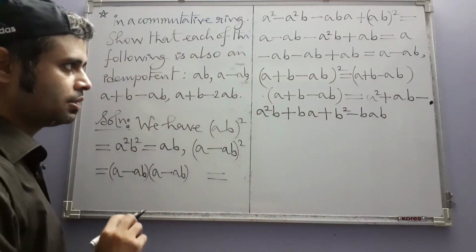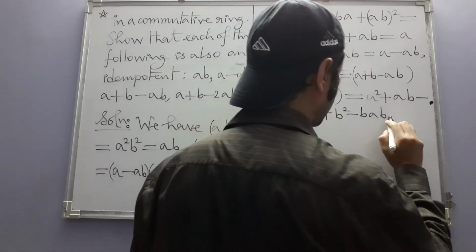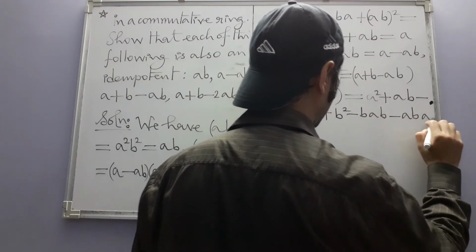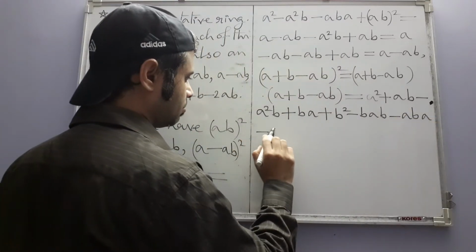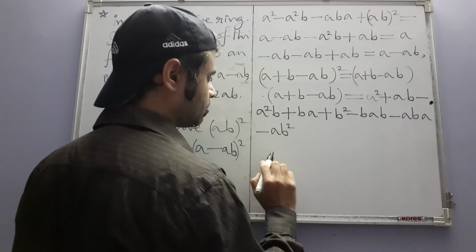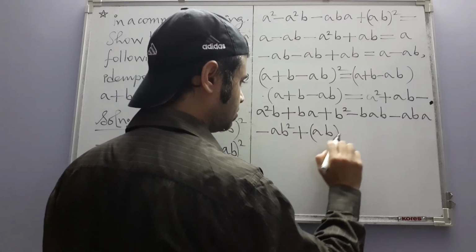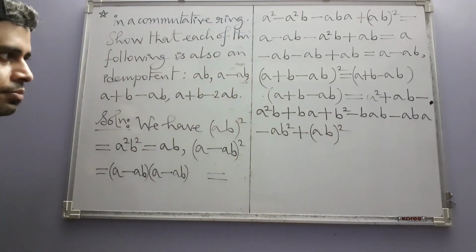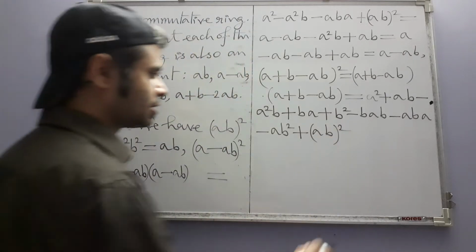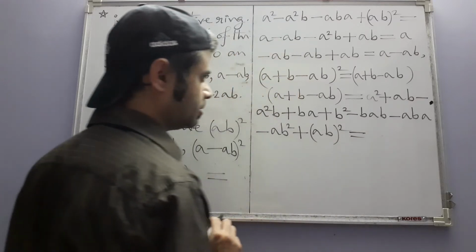Then we do that with minus AB. So minus ABA minus A B square plus AB whole square. Now we carefully do all the things that we need to do after this.